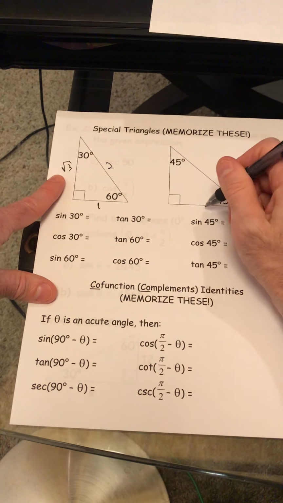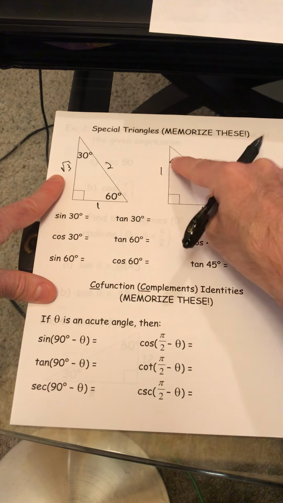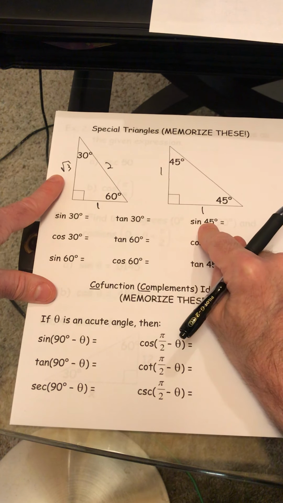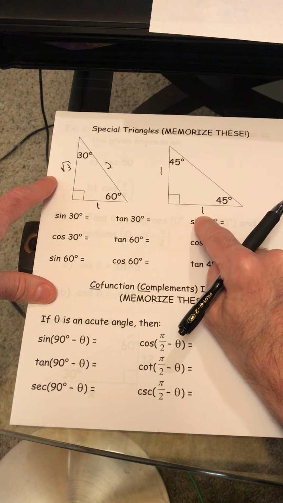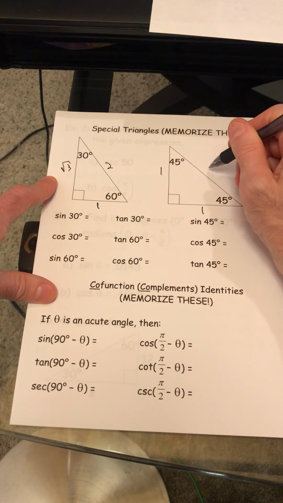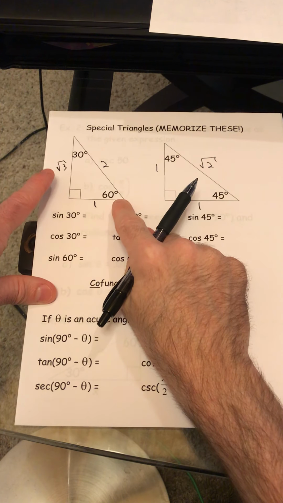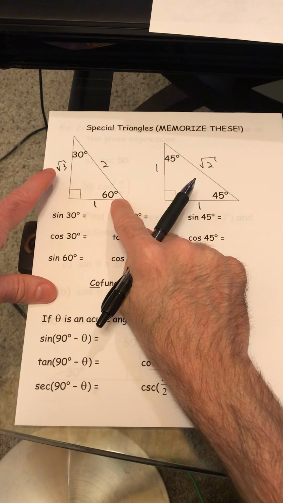For the 45, 45, 90, since the angles are equal, so are the two legs. And then 1 squared plus 1 squared will equal 2. And then when you square root it, radical 2.